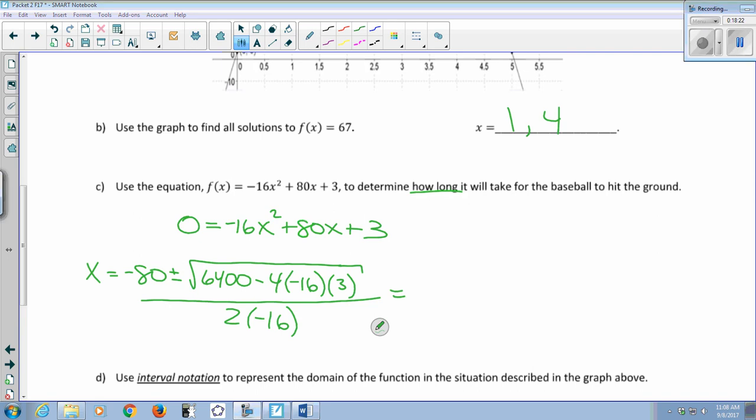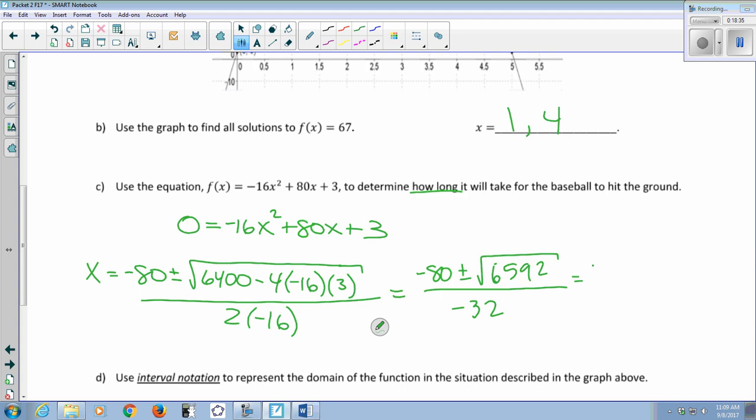All right, so that becomes negative 80 plus or minus the square root of 6,592 all over negative 32, which is negative 80 plus or minus the square root of that number. It's about 81.2 all over negative 32.